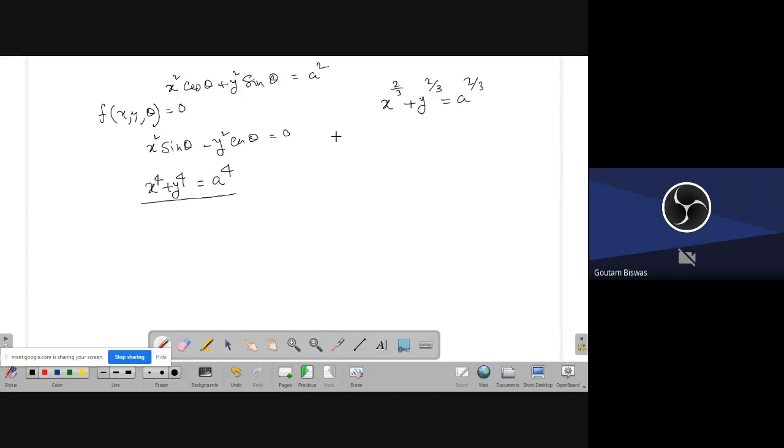Let us take x is equal to A cos cube theta and y is equal to A sine cube theta. Remember this. So minus dx by dy, that you can calculate as cos theta by sine theta.